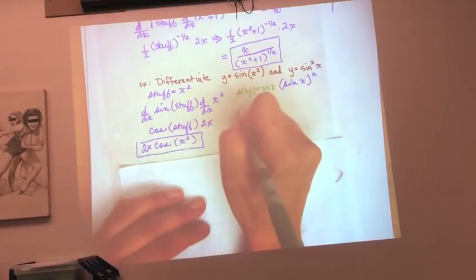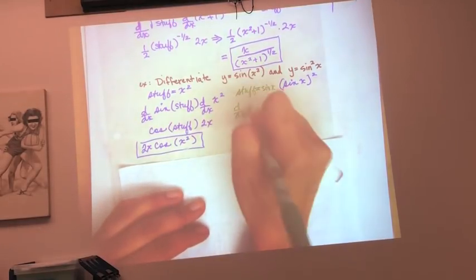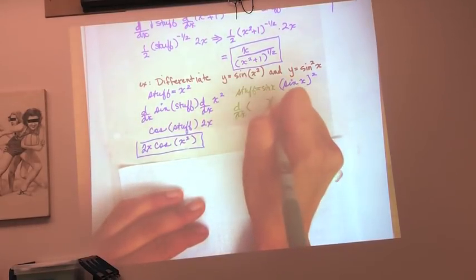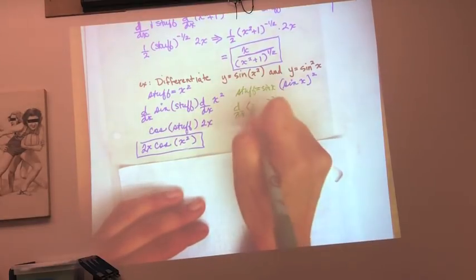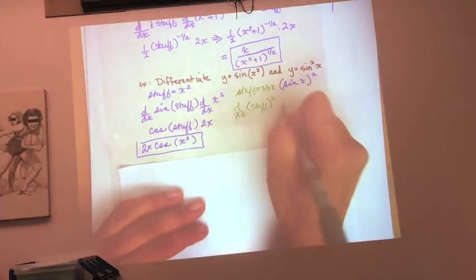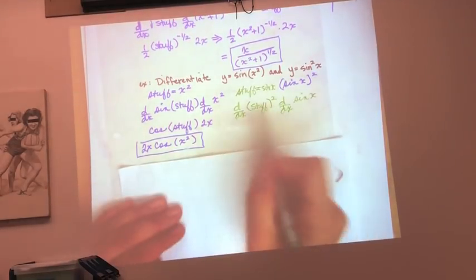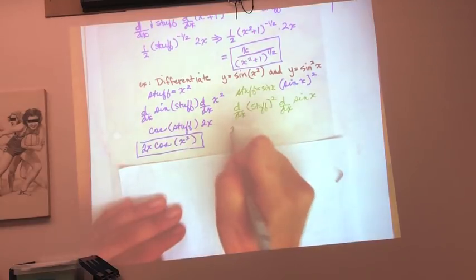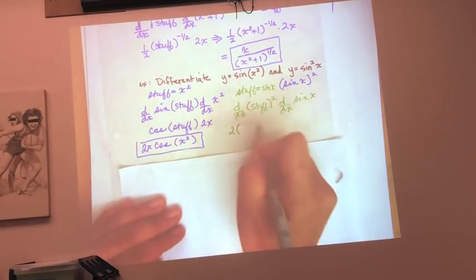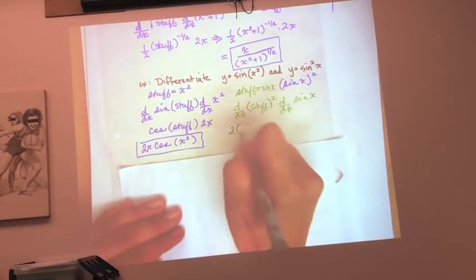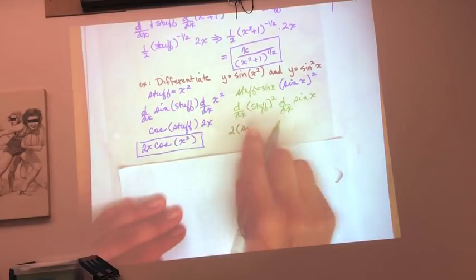So my outer is going to be the squared part. So I'm going to put stuff inside, and then I'm going to derive my stuff, which in this case is sine of x. So to derive my outer, I'm going to put the 2 to the front, and then I'm going to subtract 1 from it, which is just to the first power, and I'm going to put my stuff back inside.